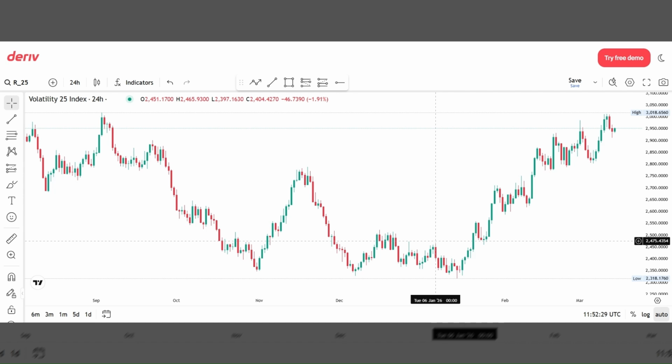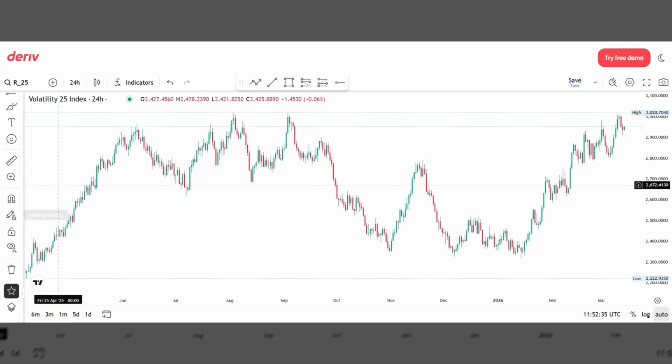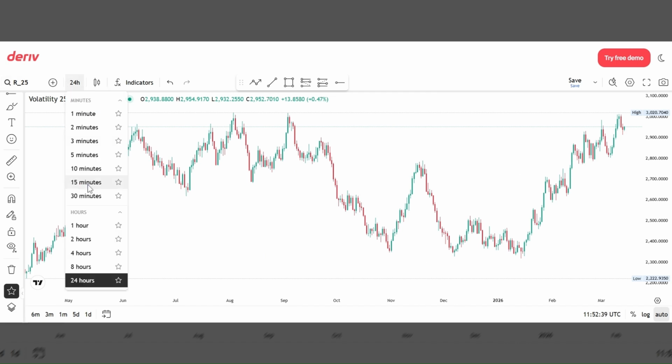Deriv TradingView has weekly, and I could start from weekly, but I'm comfortable with the daily time frame. That's why I always start analyzing from 24 hours.